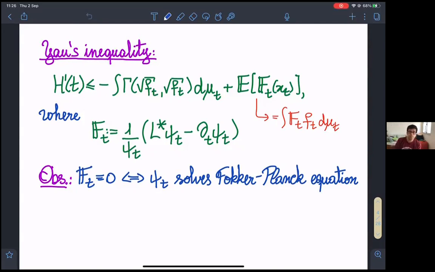Okay, so here, after you write down this inequality, and this was actually the point of view of Yau when he introduced the inequality, you say, okay, from now on I can completely forget about probability. This is somehow in the spirit of what Henry was saying, that we want to separate probability from analysis.